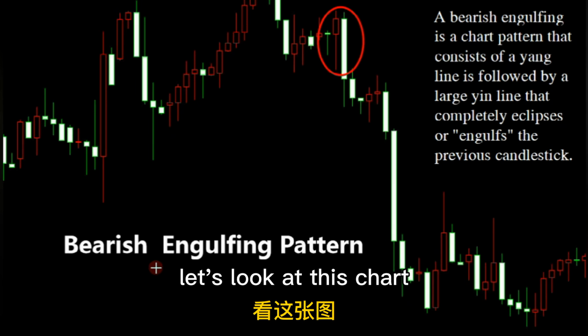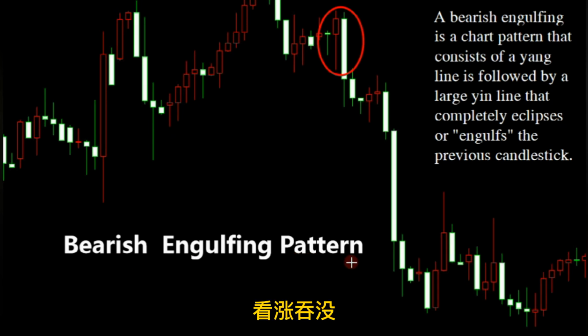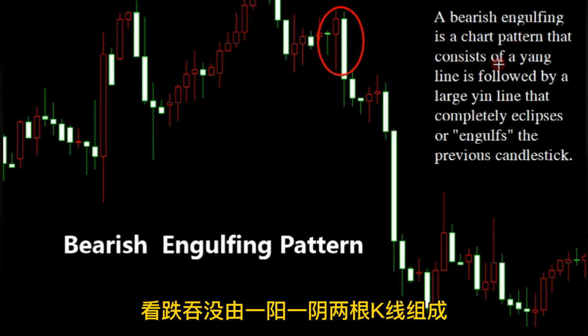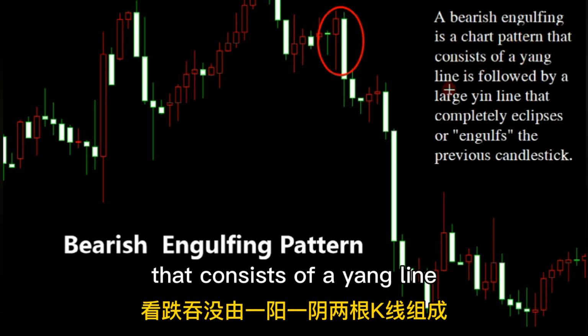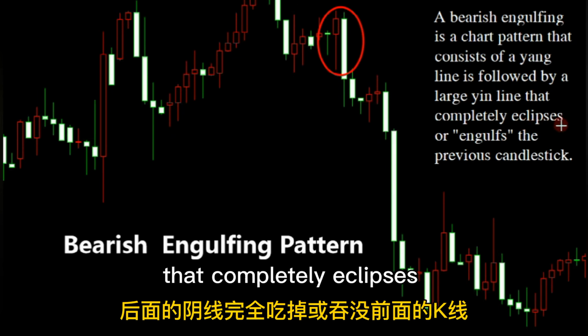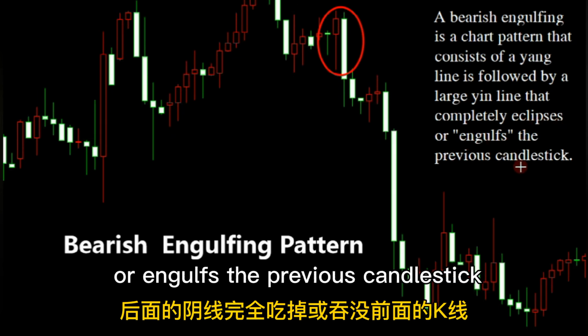Let's look at this chart. Bearish engulfing pattern. A bearish engulfing is a chart pattern that consists of a yang line followed by a large yin line that completely eclipses or engulfs the previous candlestick.